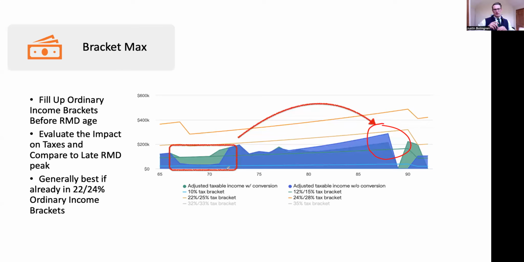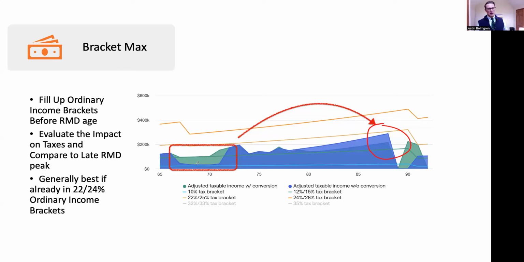But once you're into the 22 to 24%, so if you're already in that tax bracket based on all your other income sources, then we've got kind of a wide moat to work with, where we're not really adding any more tax or jumping into a higher tax bracket. So if you're already in that one, that's when it's best. So if we're already in the tax bracket, that's where this strategy generally works out to be in the favor.